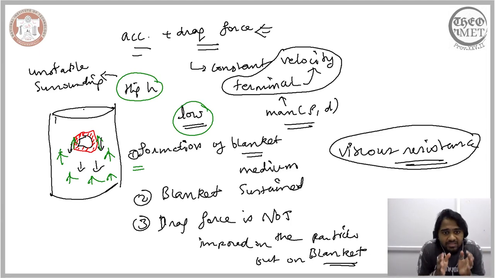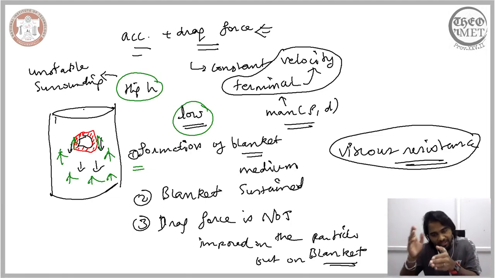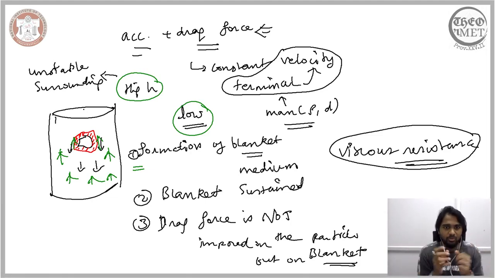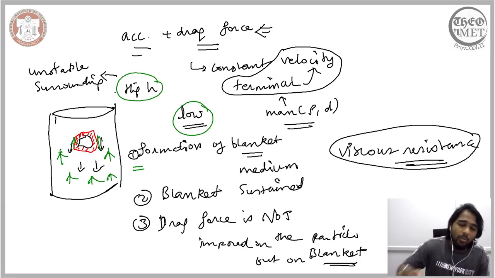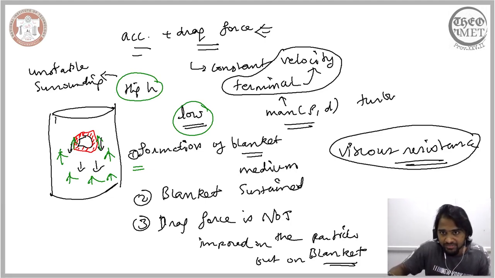So in this case, the resistance is not between a stable layer of the blanket and the remaining medium, but between the particle itself and the medium, and the blankets keep on changing. Therefore, the resistance that the particle experiences when it progresses with a very high velocity, we refer to as the turbulent resistance.